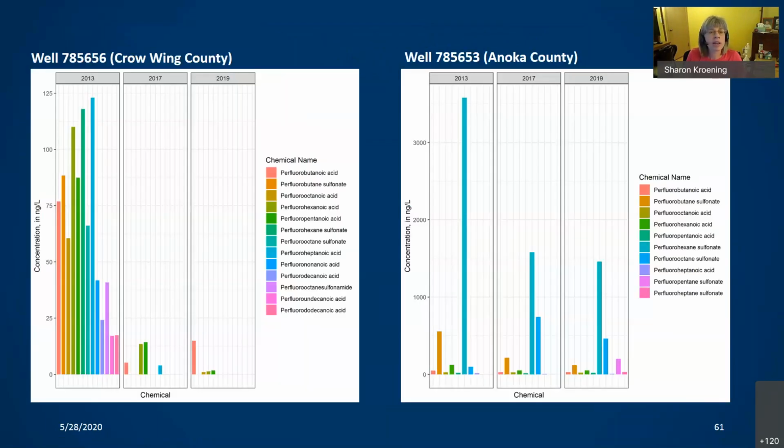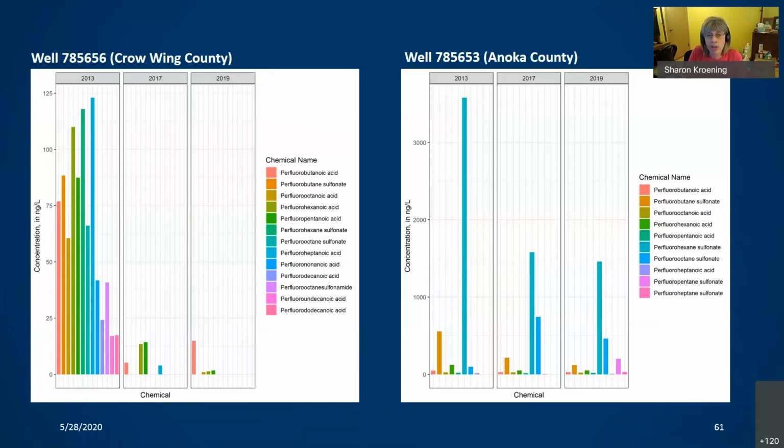Finally, we don't have a lot of data to determine the trends in PFAS in the ambient groundwater, but there are a few wells that we've sampled multiple times for PFAS. Many of the wells that we sample are very shallow and right near the water table, which means that this water is very, very young.